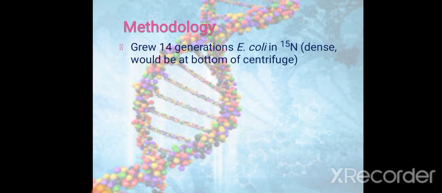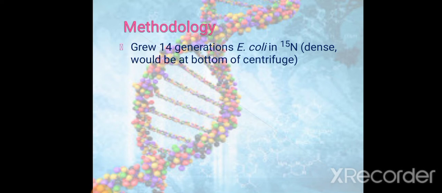Now we switch over to the methodology for the Meselson and Stahl experiment, which was carried out in 1958. For the performance of this experiment, majorly they grew the 14th generation of E. coli in N15, that is the heavier nitrogen isotope.